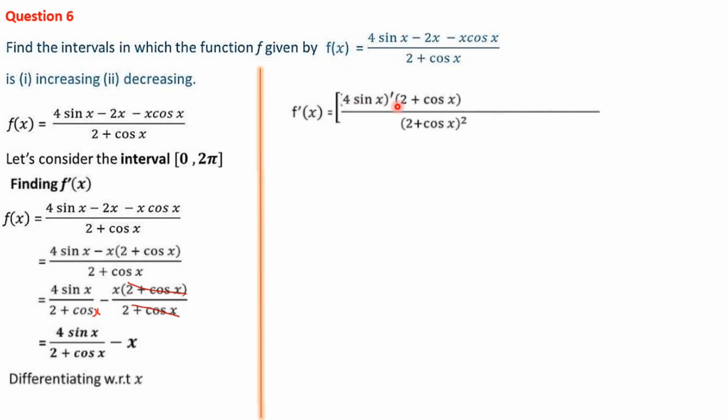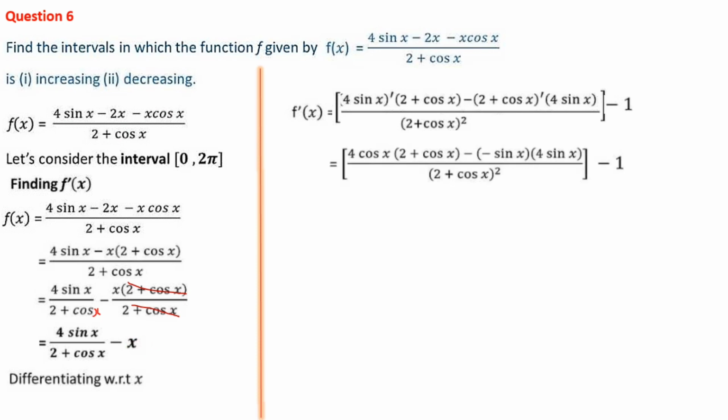If not necessary, you can just directly do the calculation. It's not an issue. This is for understanding purpose. It's explained like this: 4 sin x derivative into the denominator, that is 2 plus cos x, then minus the denominator's derivative, that is 2 plus cos x derivative into the numerator 4 sin x. Okay, then derivative of x, that is what the next one, derivative of x is 1.